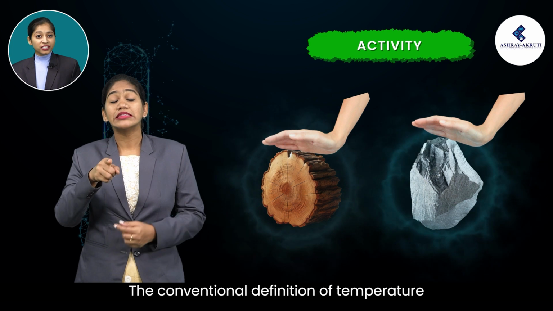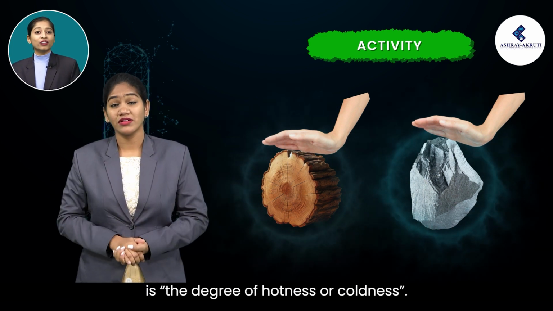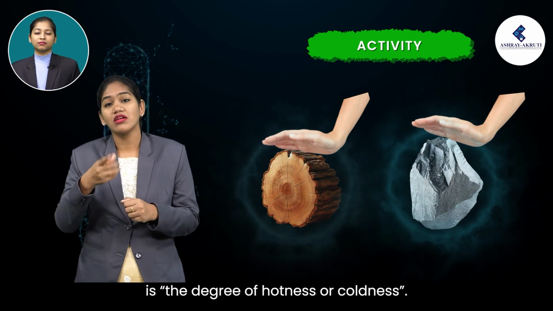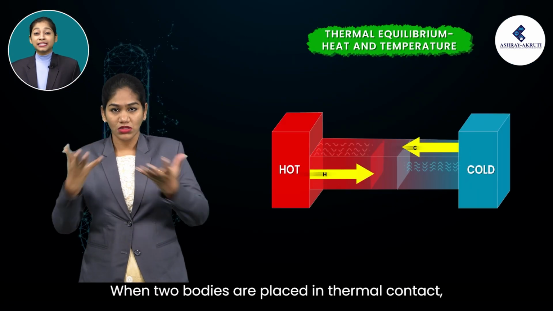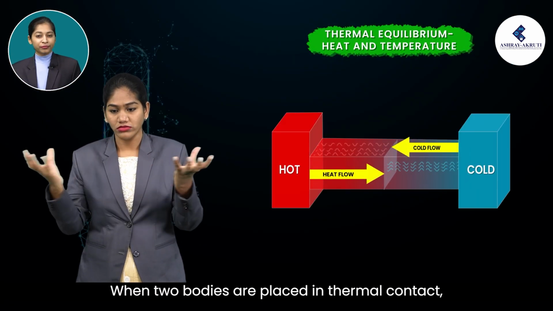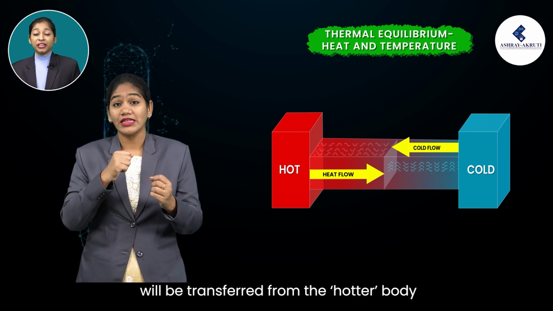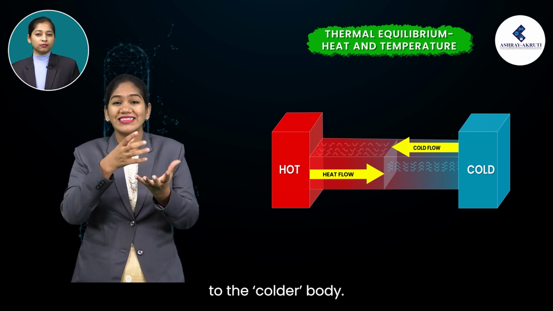The conventional definition of temperature is the degree of hotness or coldness. When two bodies are placed in thermal contact, heat energy will be transferred from the hotter body to the colder body.